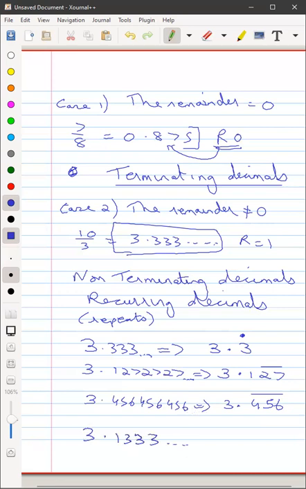What will I write this as? 3.1, and then the dot on top of 3, because only 3 is repeated. So these are called non-terminating decimals because they never end. They continuously go on and on, or they are also called recurring decimals. Okay, please copy this down.